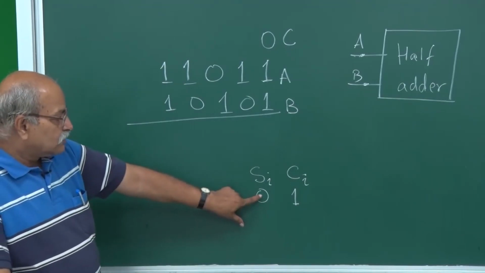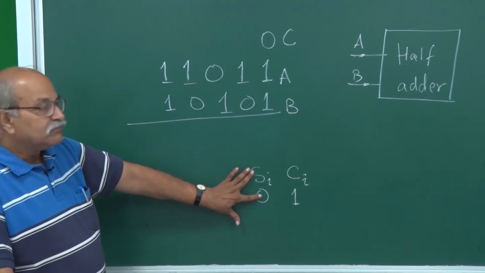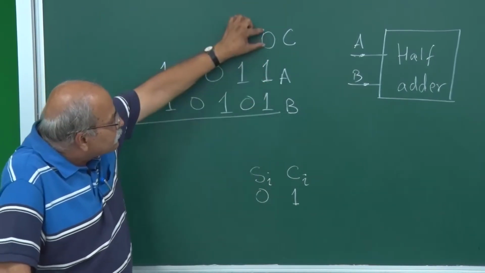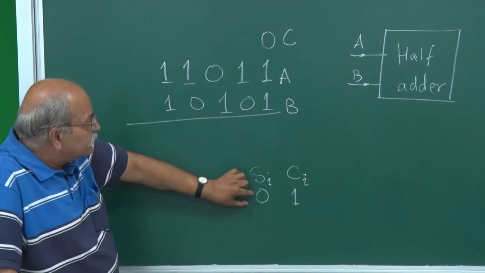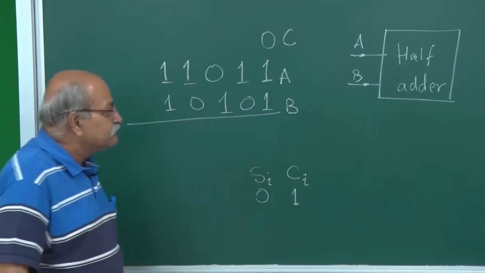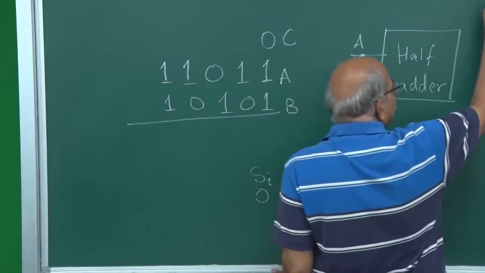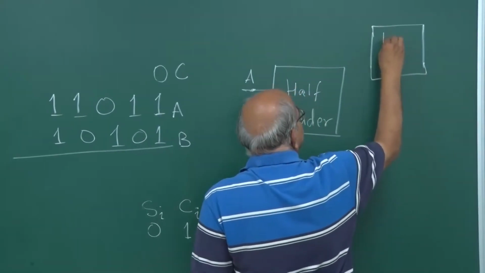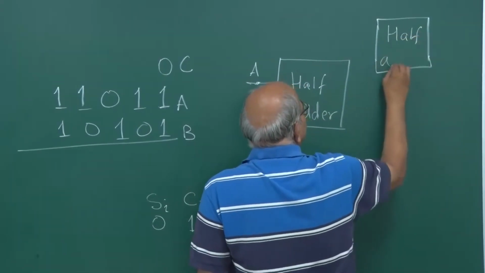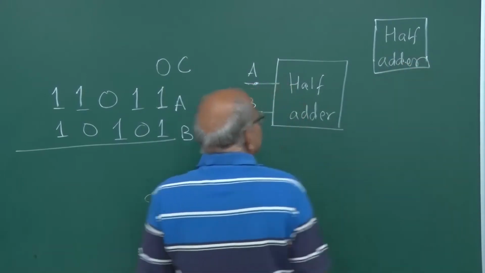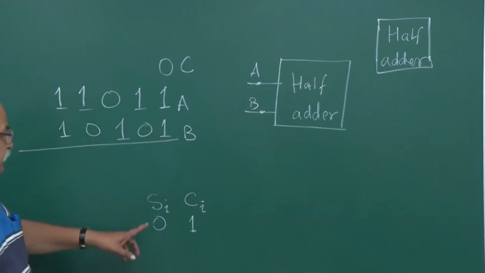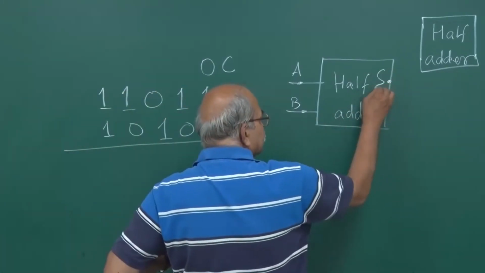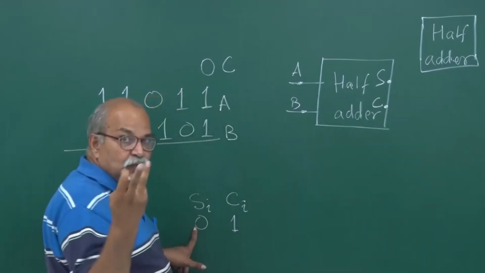Now this intermediate sum and this carry here, they should go through this half adder thing, and then you will get the final sum, right? So if I put another half adder here, let me put another half adder here. And I say that the sum that I am getting from this, so this is the sum point, this is the carry point, you know, in the half adder you have two outputs.